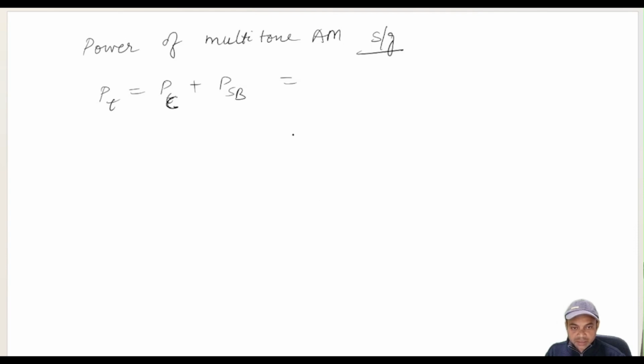Then we can write it as PC plus P USB1 plus P USB2, the upper sidebands, and P LSB1 plus P LSB2. I hope it is clear.